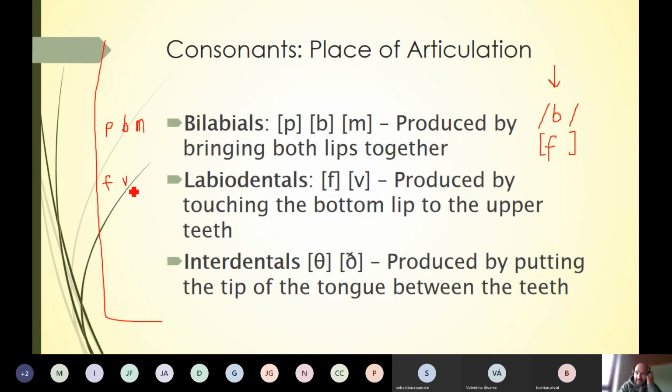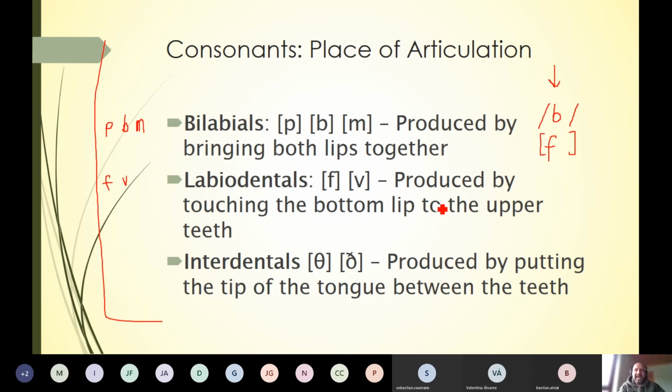So bilabials are produced with the two lips put together. That's when we say pen, Ben, and men, right? Labiodentals, when we produce them, we put the upper teeth touching the bottom lip.